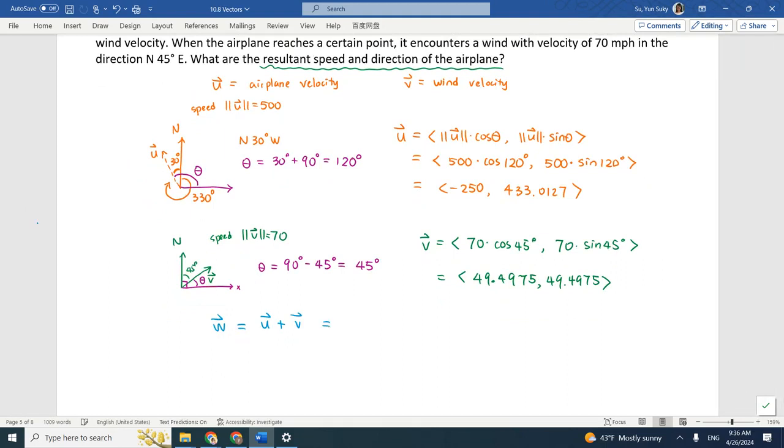We have u as negative 250 and 433.0127, and we add the wind velocity 49.4975, 49.4975. What is the x component? Calculator, go up to that number and add that number. What do you get?